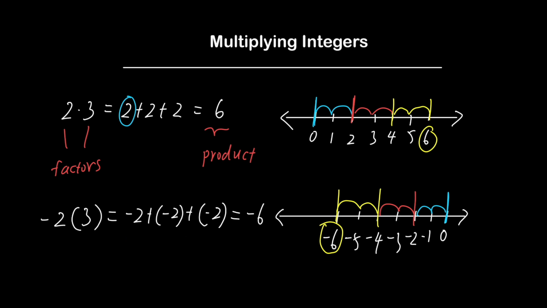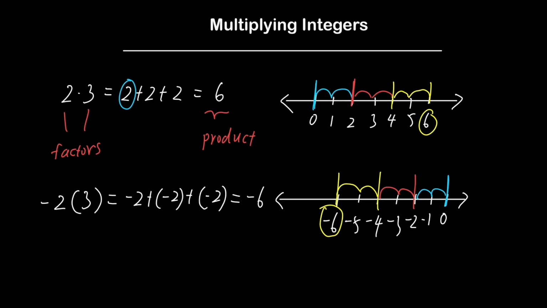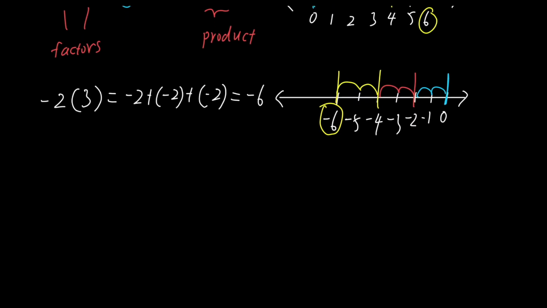You can also use the multiplication table to figure out the answer. But since we have negative and positive or two positive numbers, I just want to give you the rules for that. So if we have the same sign, let's say if I have two positive numbers multiplied together, I use this symbol to indicate a positive number, and the result will always be positive.